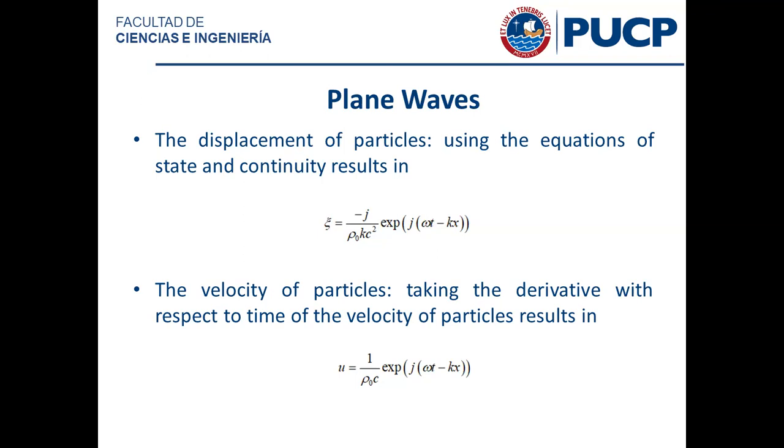So if I do that, what would be the result? P being e to the j omega t minus kx, and I divide by U, which would be e to the j omega t minus kx divided by rho naught c. That is equal to rho naught c.